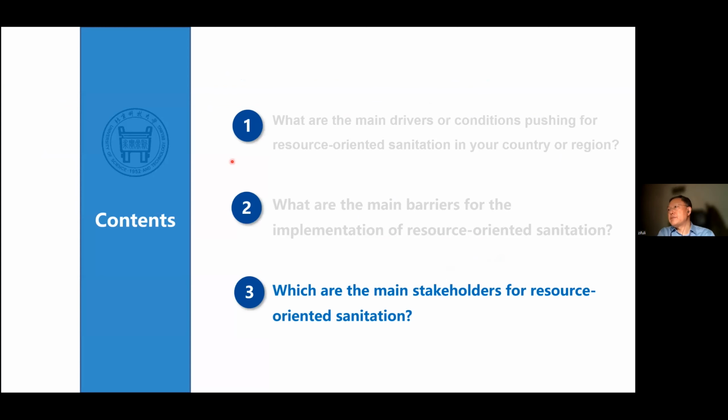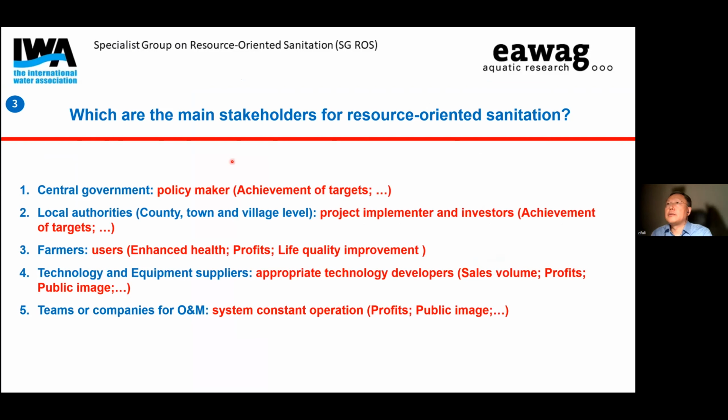And who are the main stakeholders for resource-oriented sanitation? I think generally in China, the central government is the policymaker, and they have the objective of achieving the targets, especially for the SDG, and the Chinese 5-year plan or long-term plan.